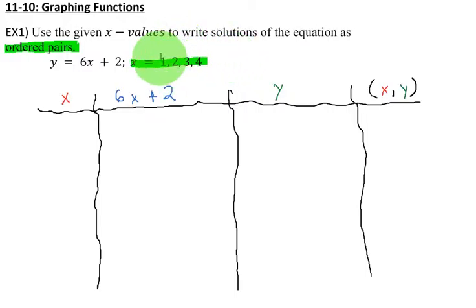However, I want to see what will happen to the ordered pair if I use the value 0. In fact, I could have even used negative numbers if I wanted to: -1, -2, -3, and so on. I'm just going to add 0 in. So we have 0, followed by 1, followed by 2, 3, and 4.